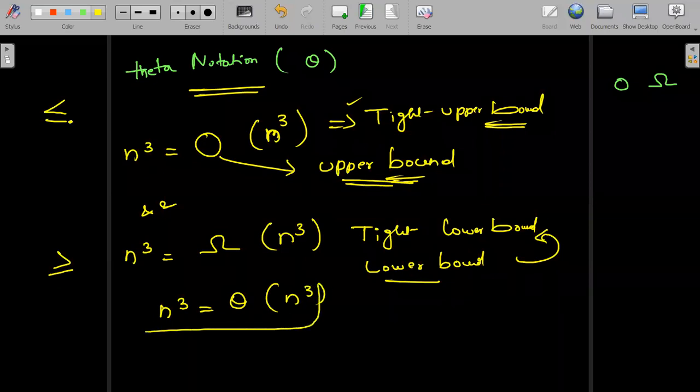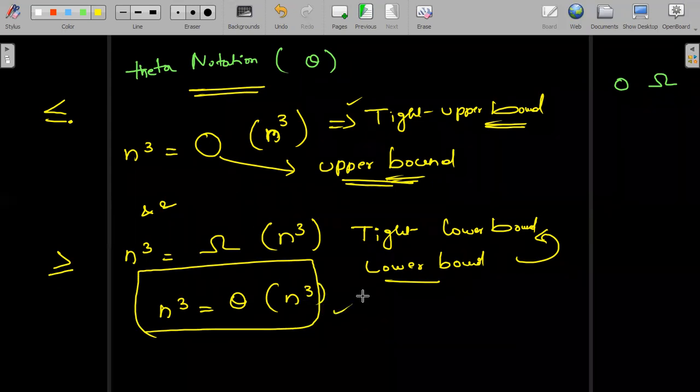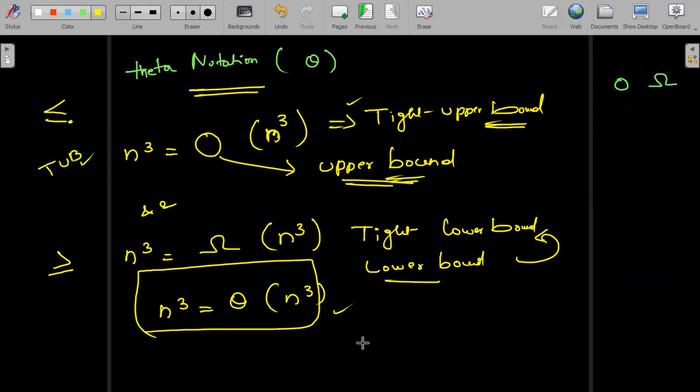This is satisfied because these two things are satisfied. One may be a tight upper bound, another may be a tight lower bound. To get theta, we need the tight upper bound and the tight lower bound together. Due to this, we are able to satisfy this, and that is the reason why we are getting theta.